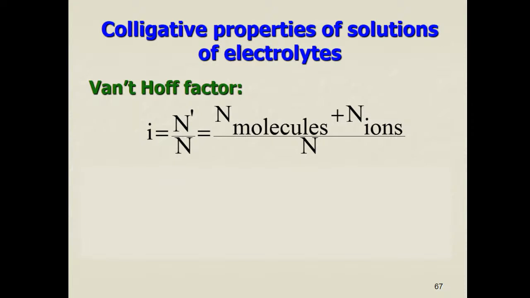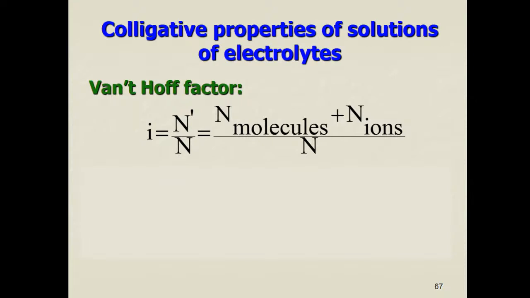What is necessary to know is that all of these factors are important for both electrolytes and non-electrolytes. But we know the difference: if we use a non-electrolyte, the concentration equals the number of particles. So that's why the Raoult's laws and Van 't Hoff's law have formulas as I mentioned above.